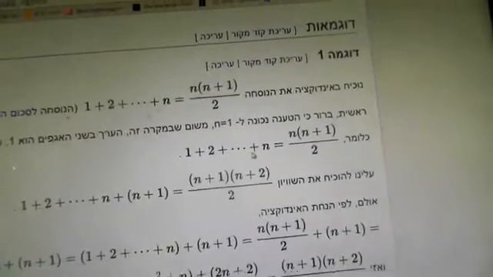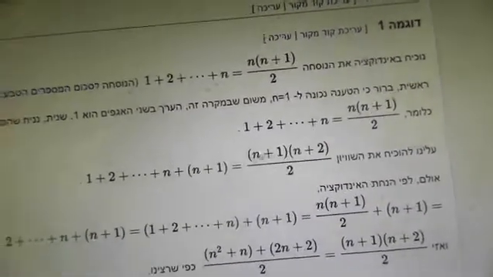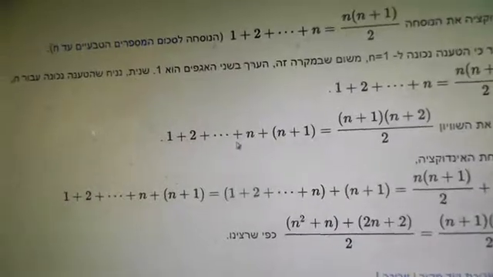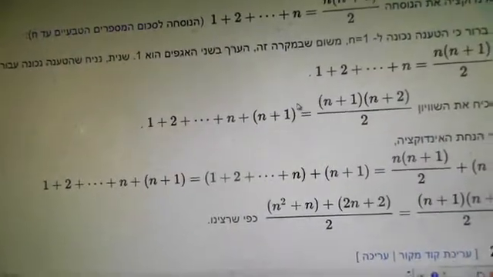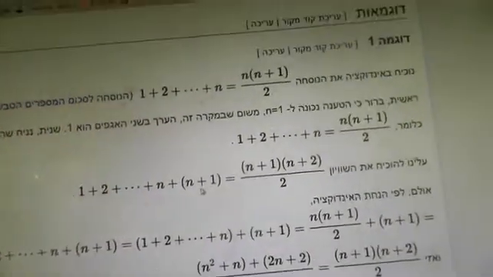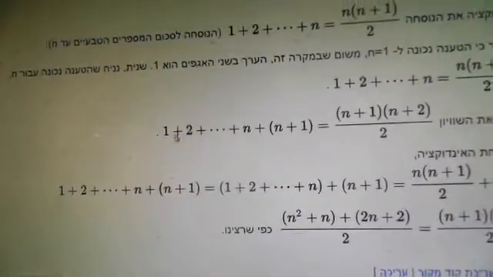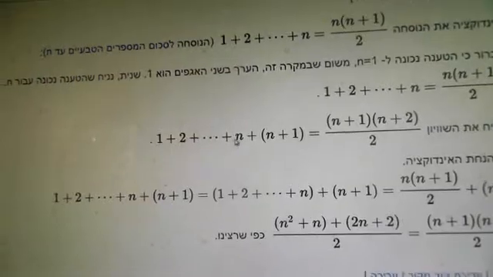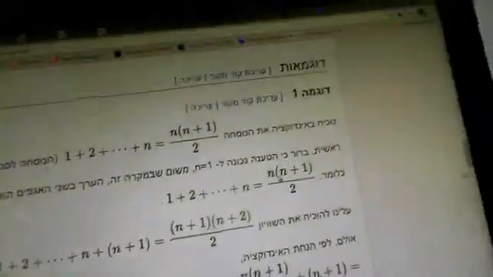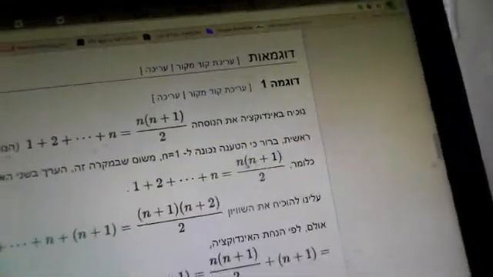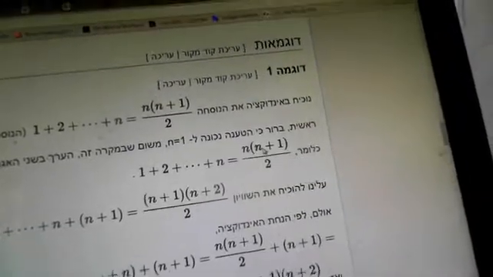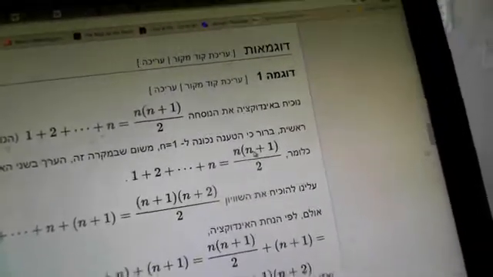That is our assumption. We need to prove that the second equation is true. So we can change this 1 plus 2 plus n with the right side of the equation that is assumed to be true.